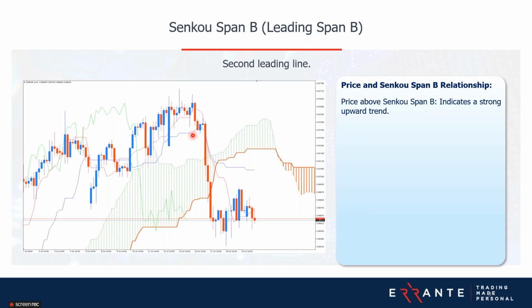And then we have the Kijun-sen, and the Tenkan-sen, and the average of both of them, which is Senkou Span A. And the Chikou Span, which is the current price shifted back 26 periods, is the least support or resistance level that we're going to count on. Okay, so let's move forward.